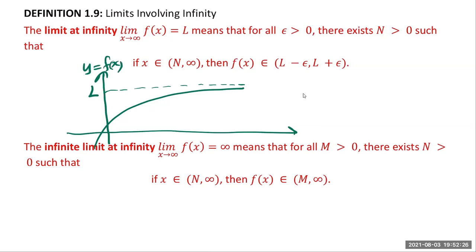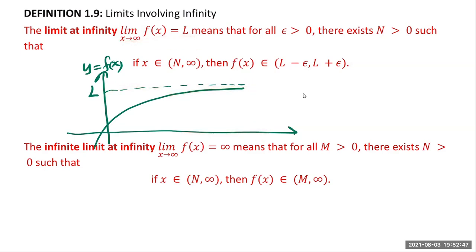Now, as you can see, clearly this limit statement is true for this one, because when x goes to infinity, your y value is getting closer and closer to L, right? As x goes to infinity, your y values are getting closer and closer to L. That means limit as x goes to infinity of f of x is equal to L.